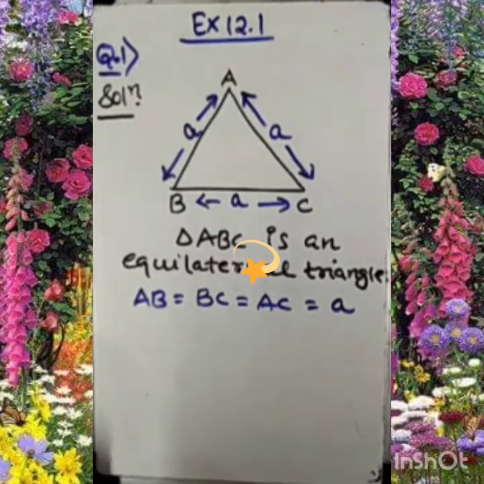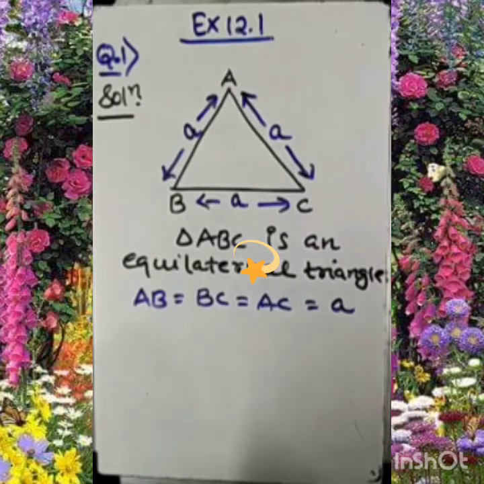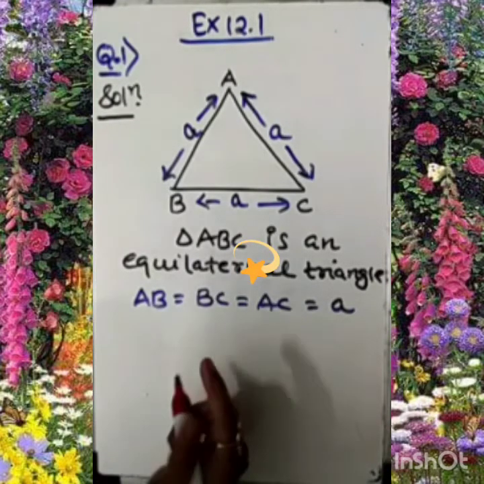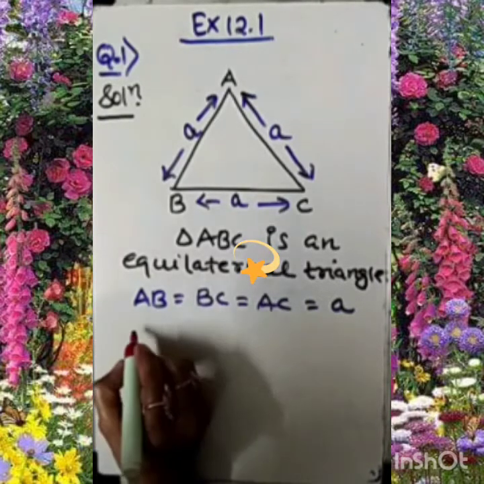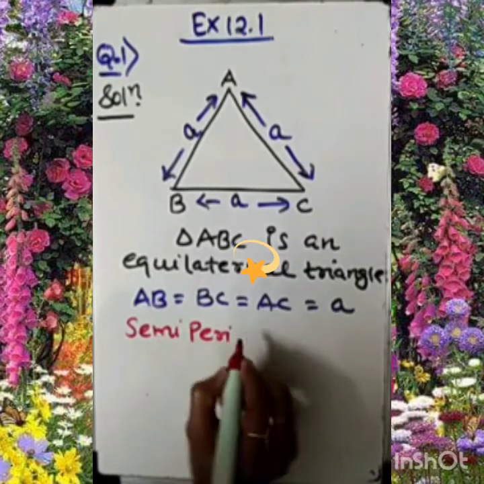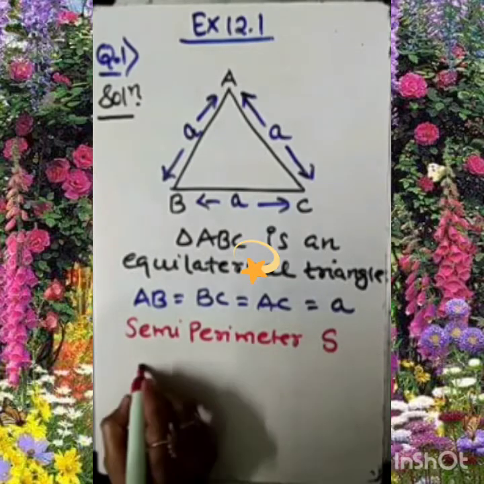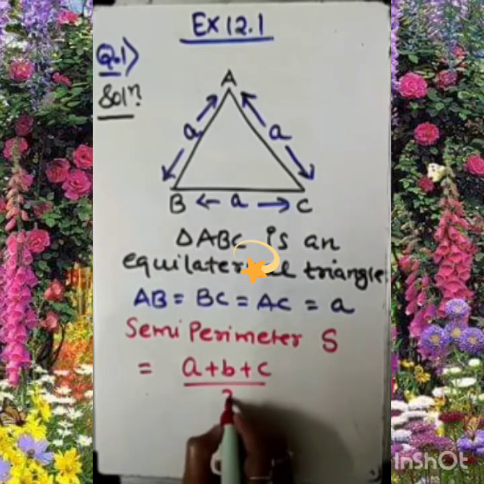Now, dear students, the next step we need to mention here. First, let's find the semi-perimeter, which is half the sum of all three sides. Semi-perimeter, defined by S, equals a plus b plus c divided by 2.